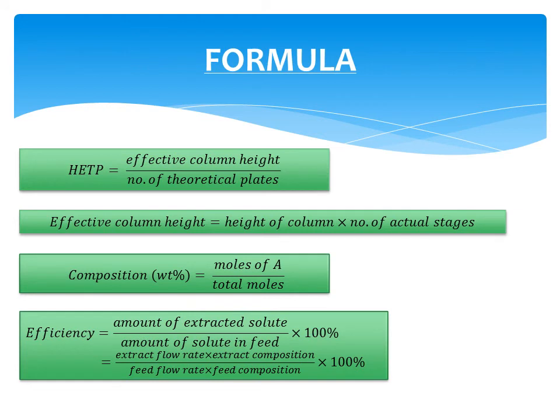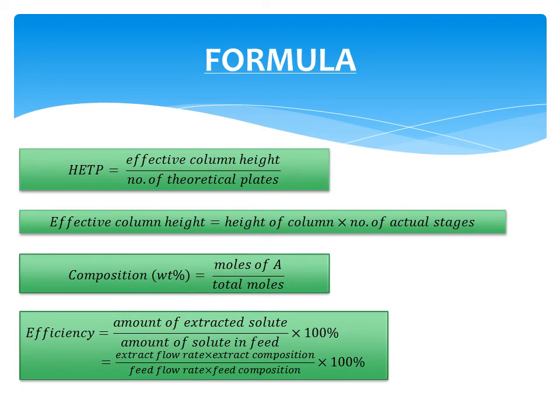Now these are the formulas for the experiment. First, HETP can be calculated by dividing the effective column height by the number of theoretical plates. Next, effective column height is equal to the height of the column times the number of actual stages.